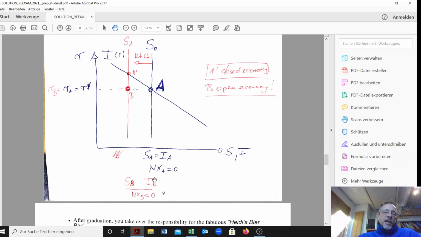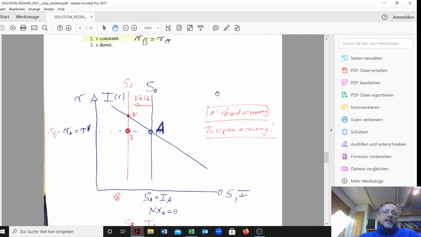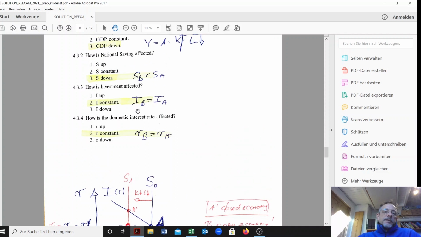Investment does not change because IA is equal to IB. Investment does not change because the interest rate does not change. RB is equal to RA in an open economy setting. So the second answer alternative is right. I is constant, does not change.